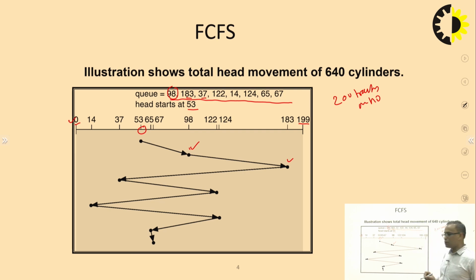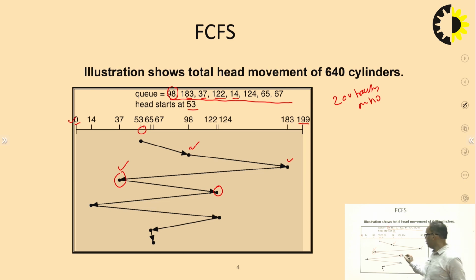After servicing the request for track number 183, the read write head will move to 37 and service it, and after 37 it will move to track number 122 and service the request of 122. After that, the input output request for track number 14.